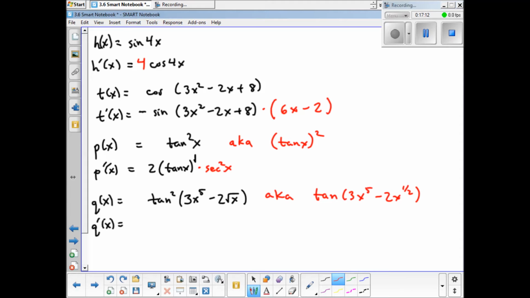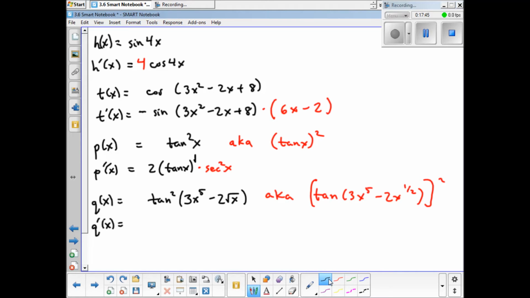We'll write it in exponent notation, squared. So this power is this 2 here. Oops, this is supposed to be 1/2. Sorry about that. And all of this is squared.